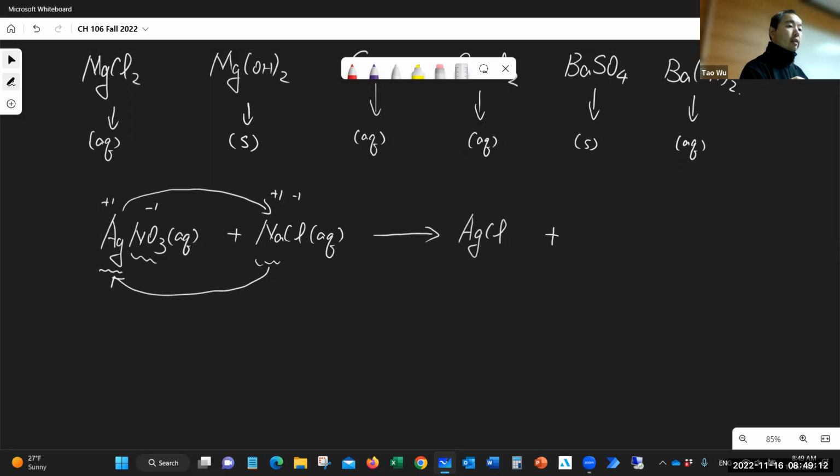And then they're going to plus another product, which is sodium combined with nitrate. Sodium is +1 and nitrate is -1, perfect. But here there's a mistake I see people make.